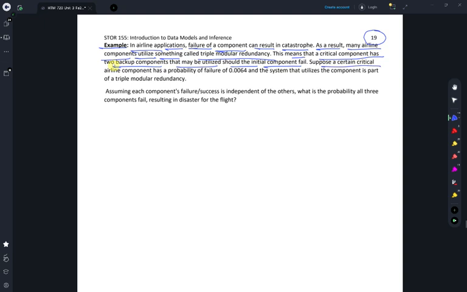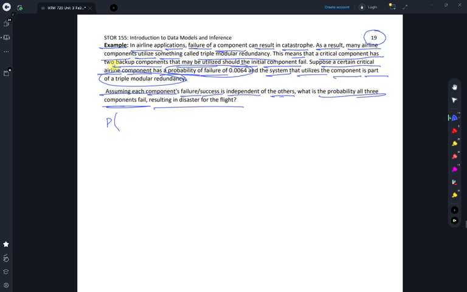Suppose a certain critical airline component has a probability of failure of 0.0064, and the system that utilizes the component is part of a triple modular redundancy. Assuming that each component's failure or success is independent of the others, what is the probability that all three components fail, resulting in a disaster for the flight?